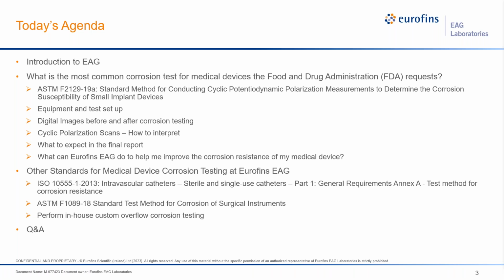Then I will cover the most common corrosion tests for medical devices that the FDA requests, ASTM F2129, equipment and test setup related to ASTM F2129, digital images taken before and after corrosion testing, how to interpret cyclical polarization scans, and what to expect in the final report, and what can Eurofins EAG do to help me improve the corrosion resistance of my medical device.